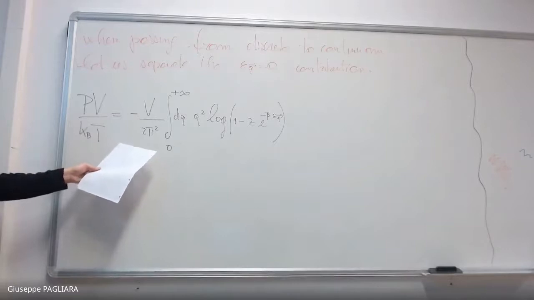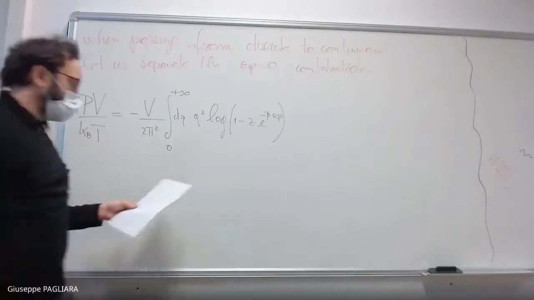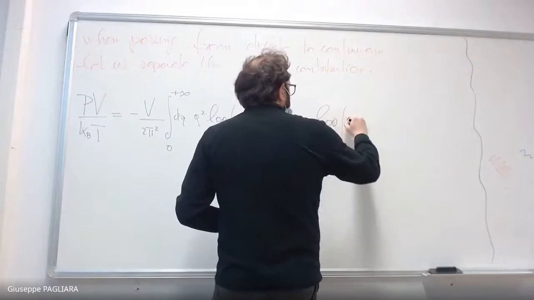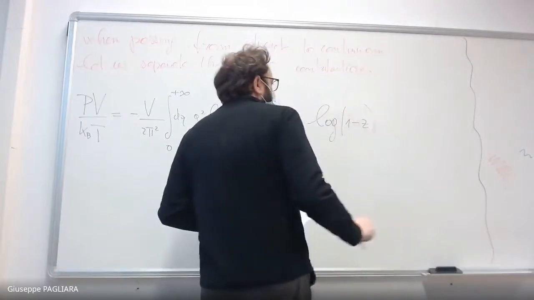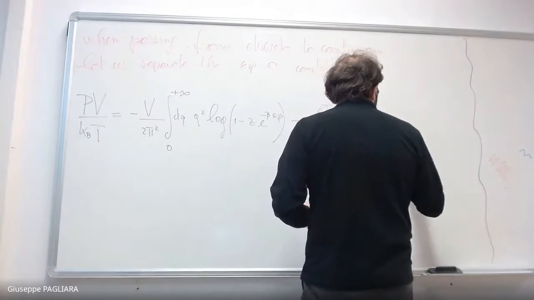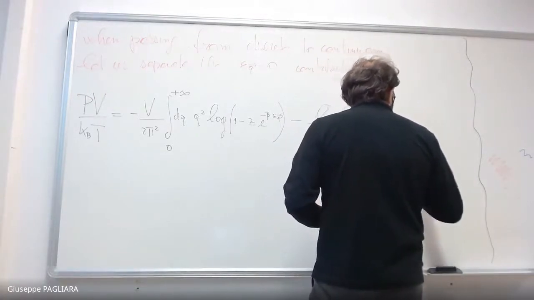But let's separate the single point associated with the epsilon q equal to 0 in the sum, and therefore I will have a minus log of 1 minus z. Okay, this comes from epsilon q equal to 0 in the previous sum.